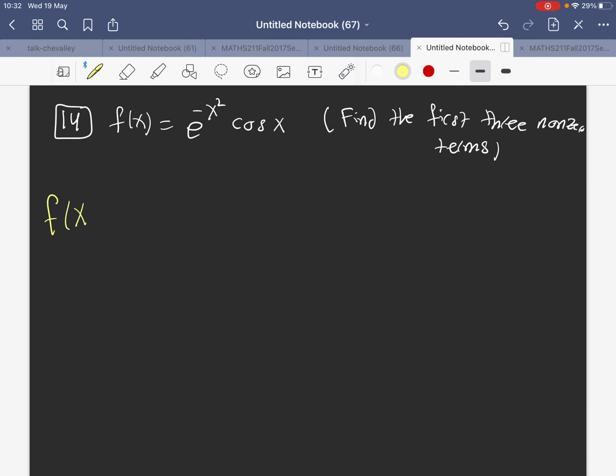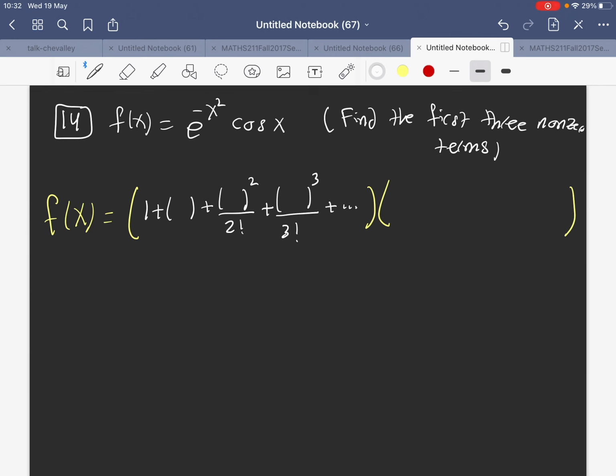f of x equals. First, I will write the terms of e to the negative x. Now, if you remember, e to the x is 1 plus x plus x squared over 2 factorial plus x cubed over 3 factorial. Maybe I will need the next term, but for now I'm not sure. Let me just write the first terms.